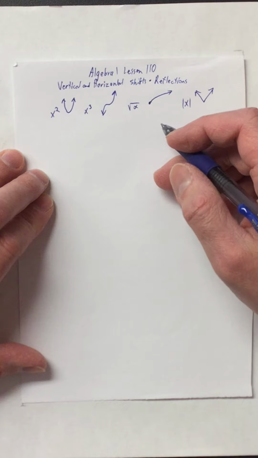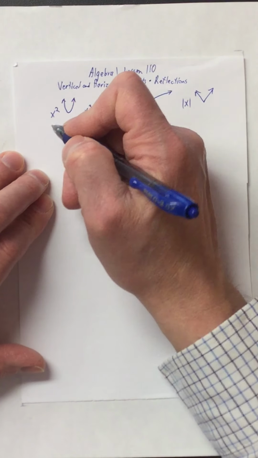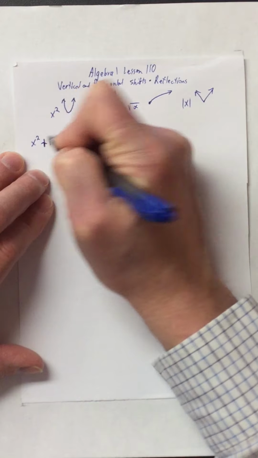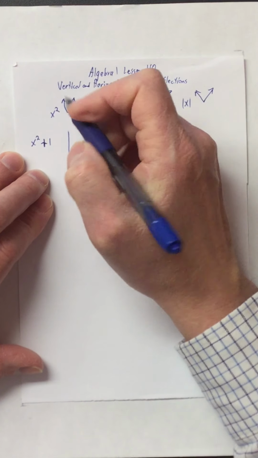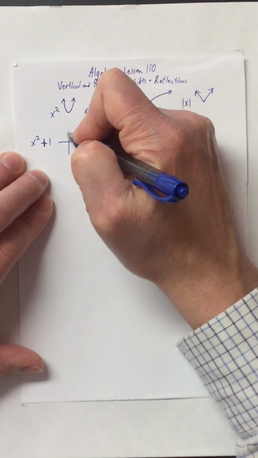Okay, so first of all, we have our vertical shifts, the up and down. So if we take this first part here, x squared, and then we simply make it two terms and do a +1 here, then it's going to shift vertically up one space. So like this.